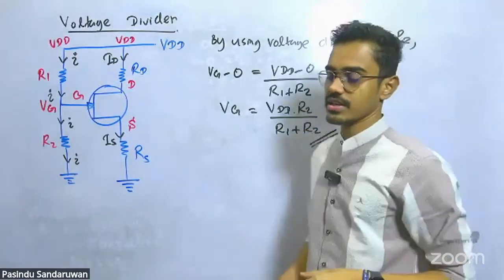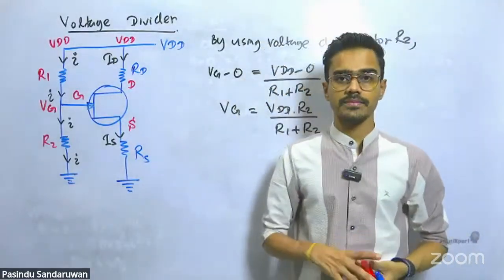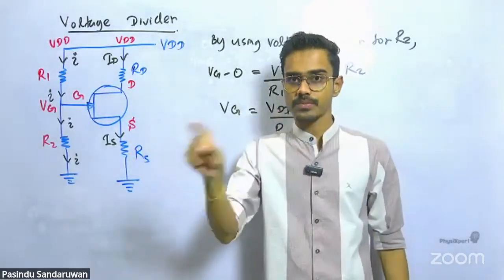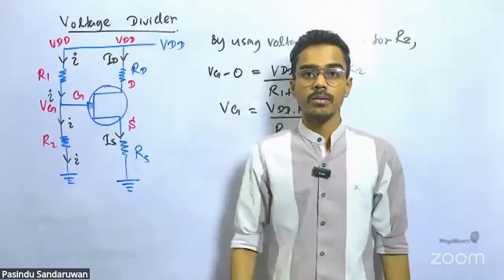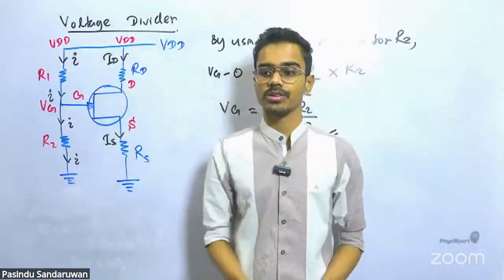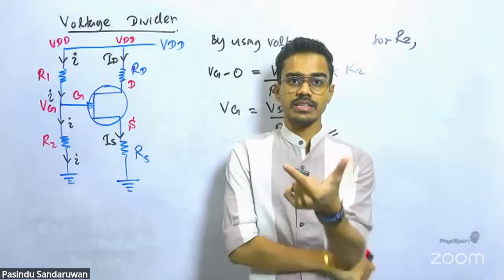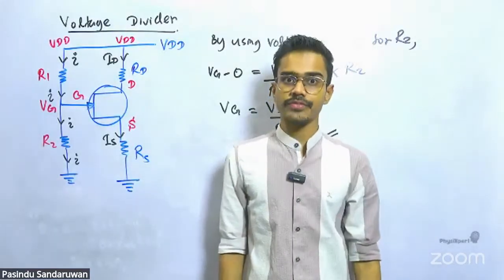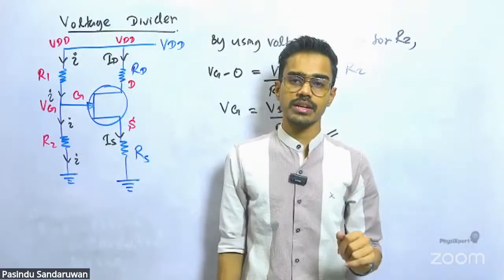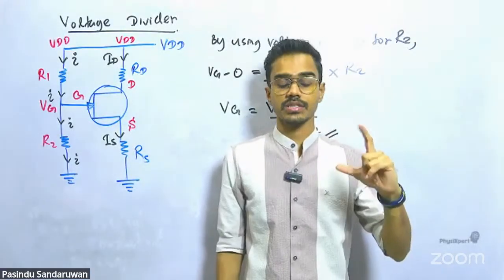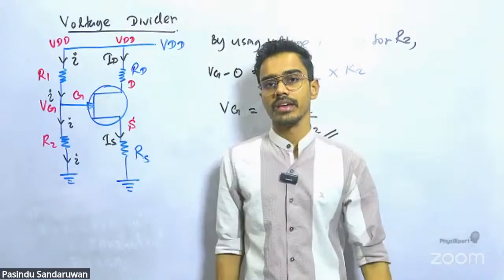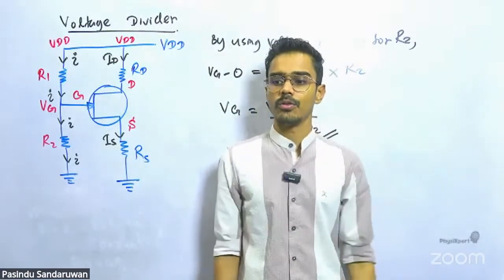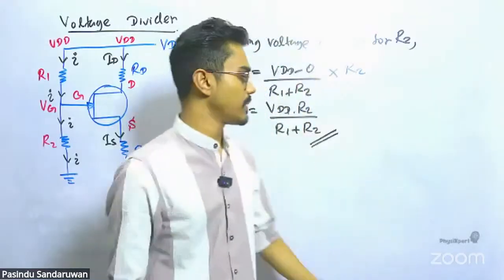Since VG is non-zero, our proved equation VGS equals minus IDRS cannot be used, because when we proved VGS equals minus IDRS, we considered G off. So that's what I meant before by the equation cannot be applied for voltage divider.